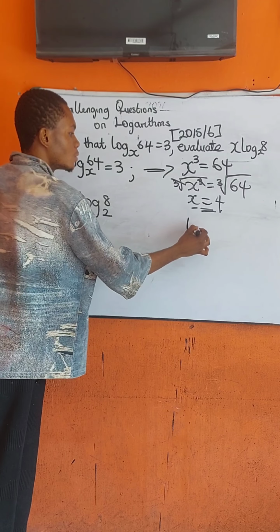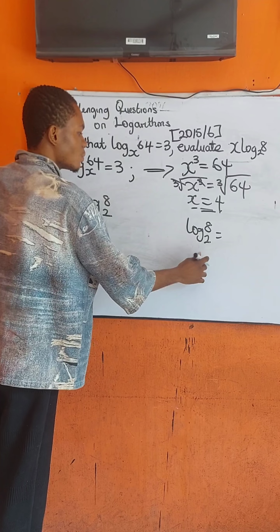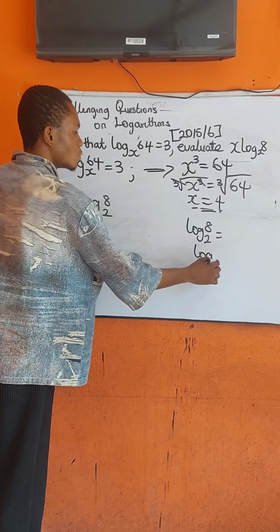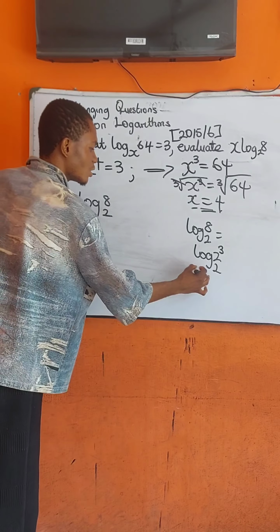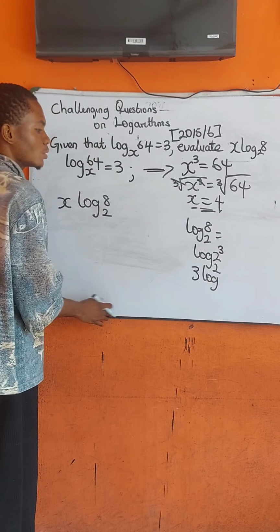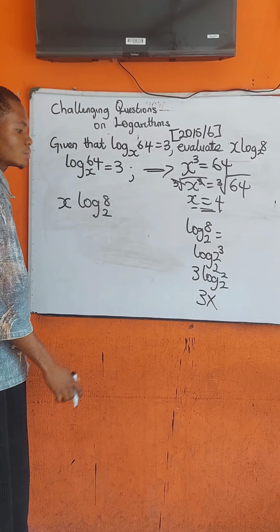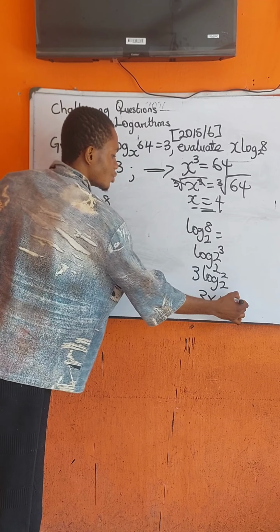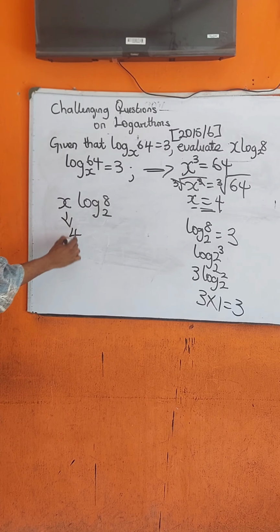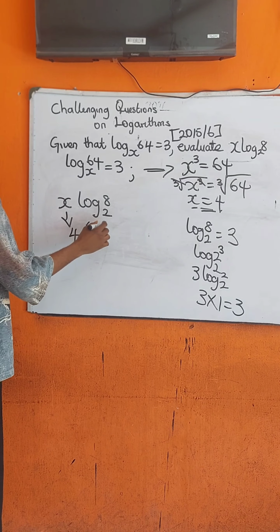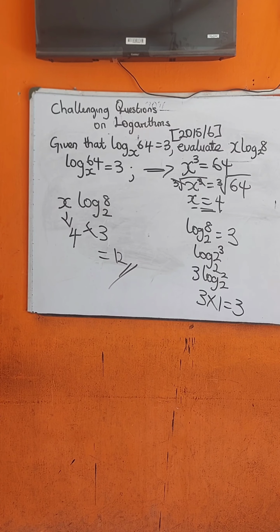Log 8 base 2 is equal to log 2 raised to the power 3, which is the same thing as 3 log 2 base 2, which is 3 times 1, which is 3. So the answer is 3. The value of x is 4 and the value of log 8 base 2 is 3, so the answer is 4 times 3, which is 12. Thank you.